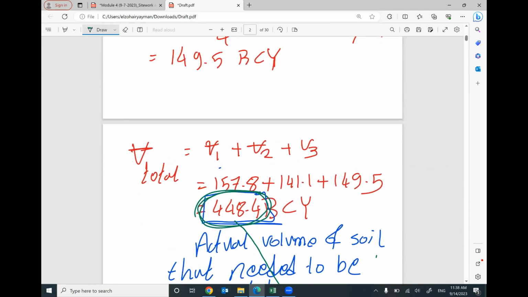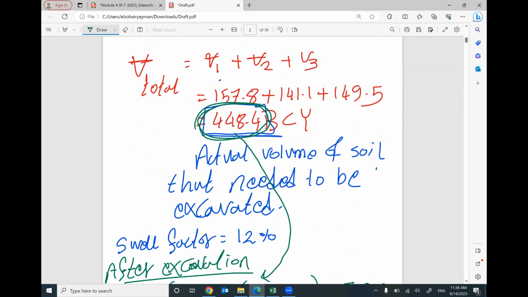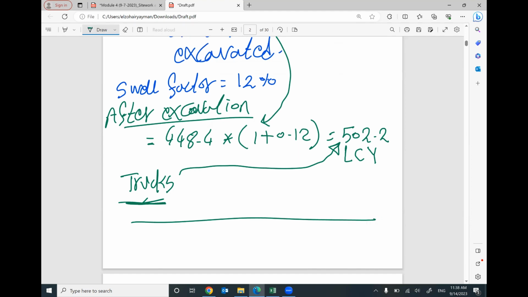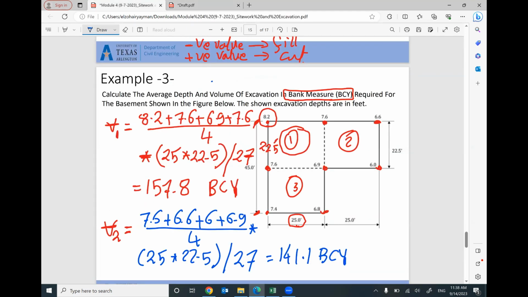This is based on the actual dimensions of your excavation. But after the soil is excavated, the produced soil will not be 448. It will be 502.2 after some swell will happen. Any question regarding this example?